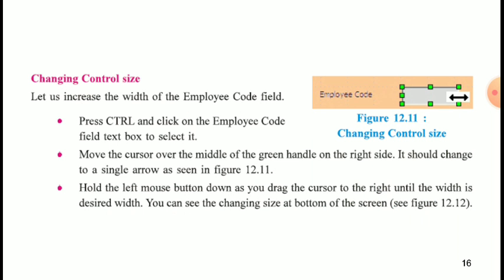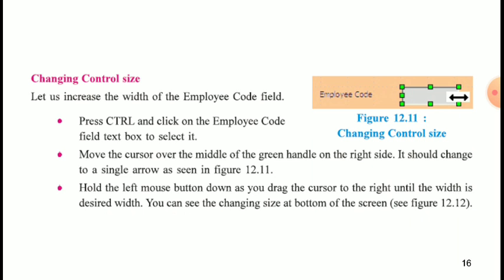Next is changing control size. So let us increase the width of employee code field. Press Ctrl and click on the employee code field text box to select it. Move the cursor over the middle of the green handle on the right side. It should change to a single arrow as in figure 12.11.